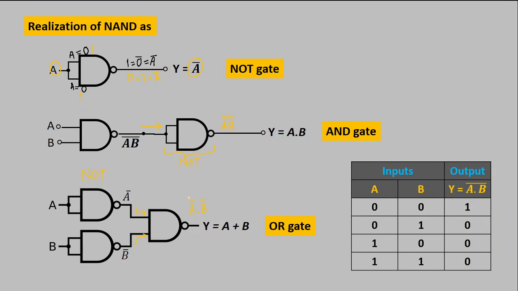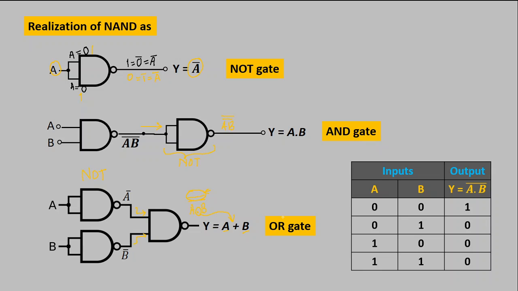Now the outer complement sign is going to perform negation on individual elements, and the operation between the two elements is also going to change. So dot will be replaced by plus, that is AND will be replaced by OR, and A complement will be replaced by A, and B complement by B. So now the output is A plus B, which is nothing but an OR gate.